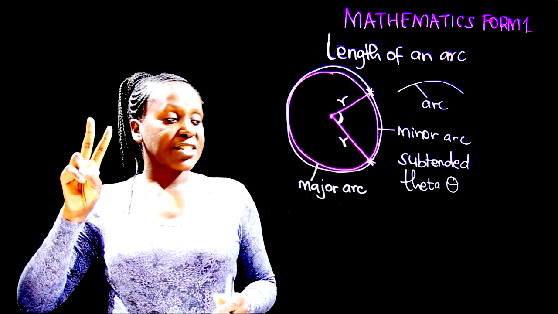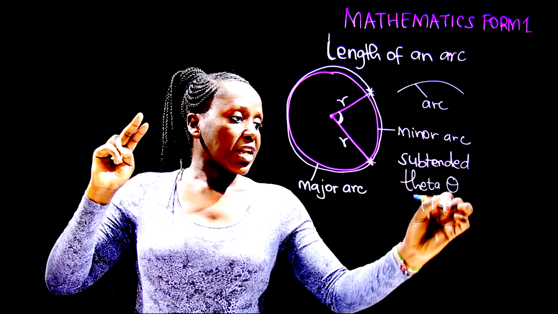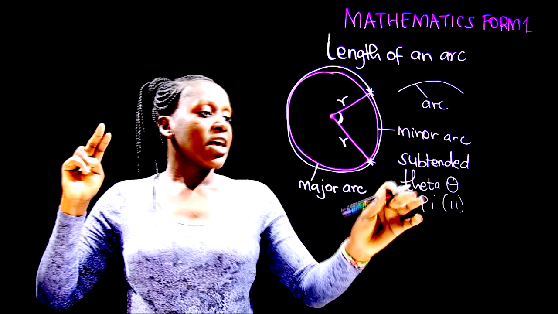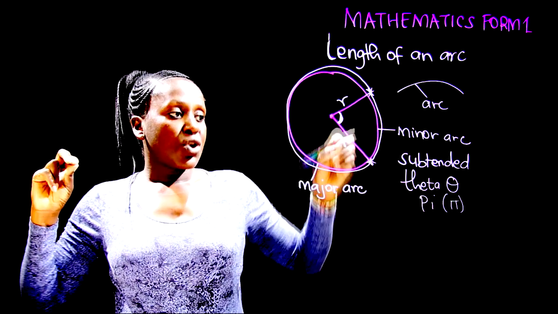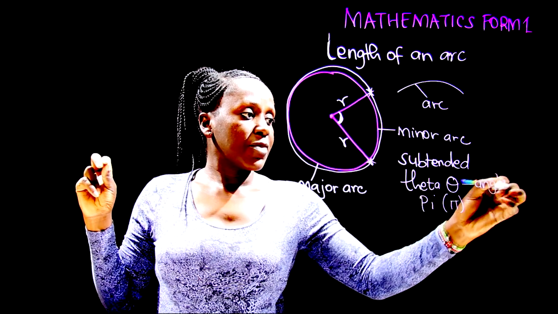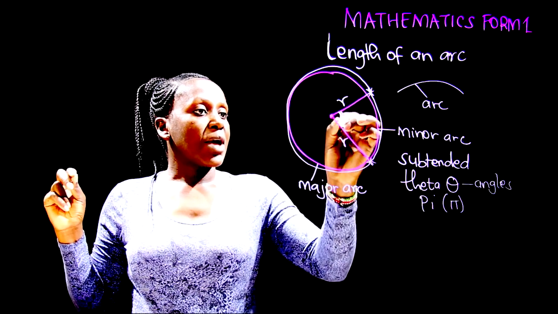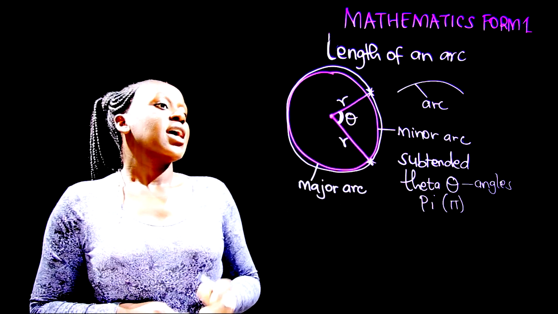So today we have learned about two Greek letters. One was pi, which is written like that. And then we have theta, which is written like a zero with a stroke, and it is used to represent angles, okay? So here in the middle, we have an angle, theta, all right?